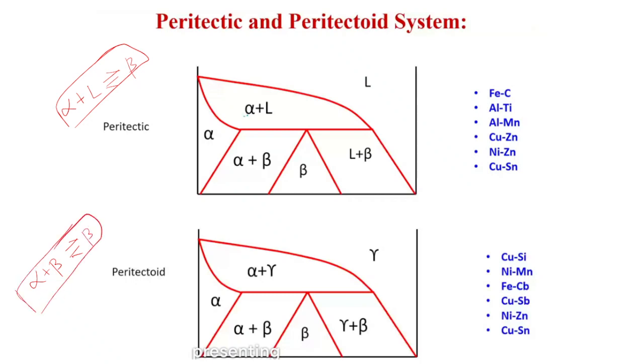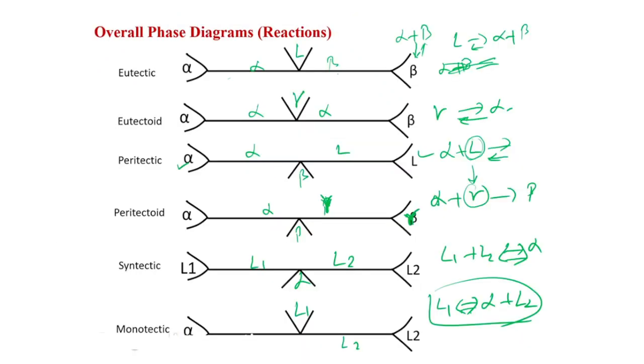These are the various binary phase systems. Beyond this, there are some more: syntectic and monotectic. Syntectic means two liquids turning into one solid phase.